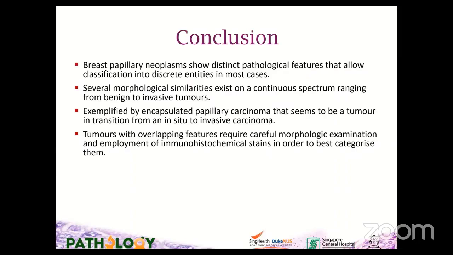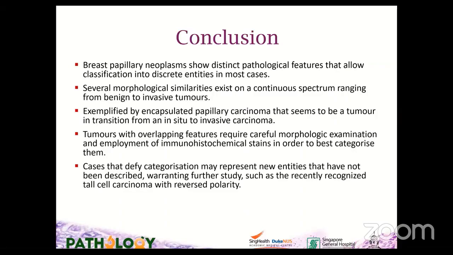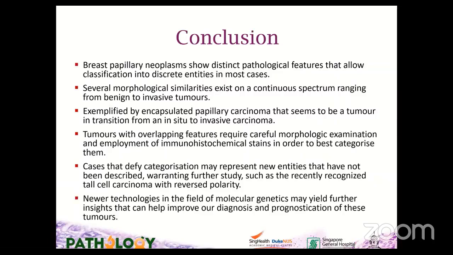Tumors with overlapping features require careful morphologic examination and use of adjunctive immunohistochemistry in order to best categorize them. And there may be cases that defy classification, which can represent new entities that have not yet been fully described, warranting further study. For instance, the recently acknowledged tall cell carcinoma with reversed polarity.